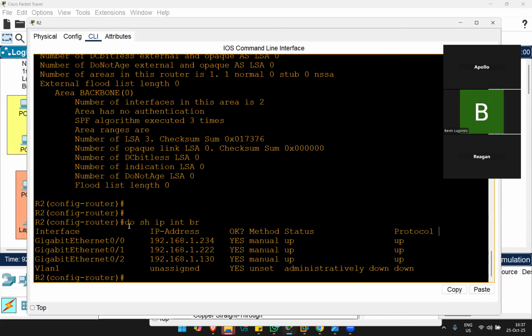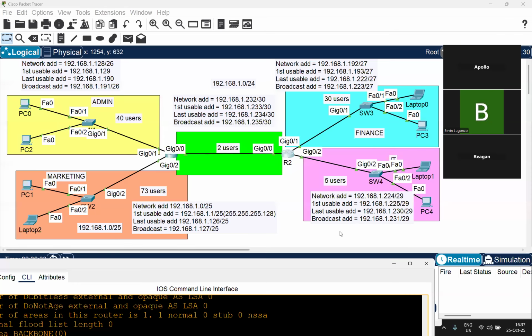If you do show ip interface brief, G0/2 has an IP address of 192.168.1.130, which is an address that it should have according to this table here.